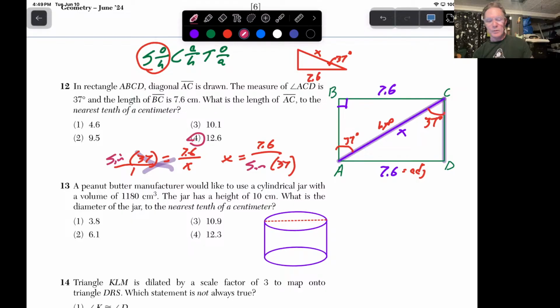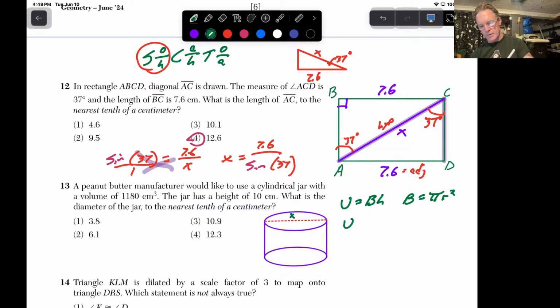Okay, well, I've sketched my jar and we're looking for the diameter. Call that X. Oh, by the way, this is definitely a mistake I make all the time, and I'm going to explain it in a minute. So volume, in this case, is area of base times height, where the area of the base is a circle, pi r squared.